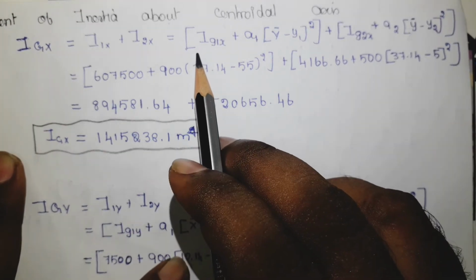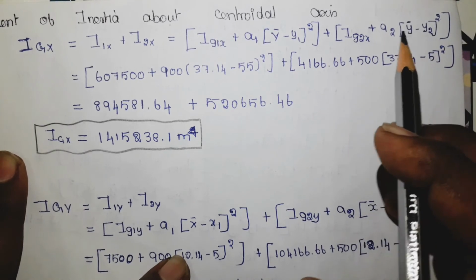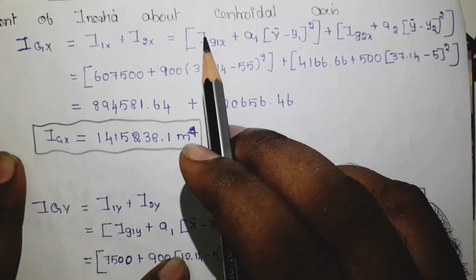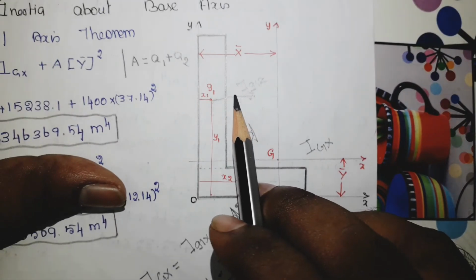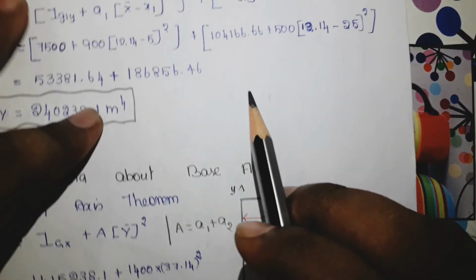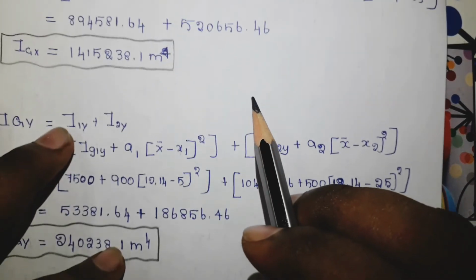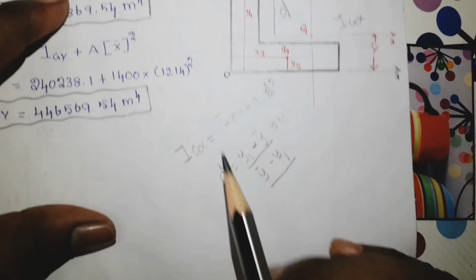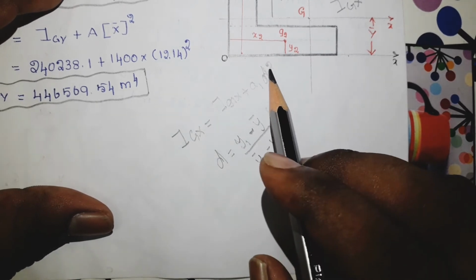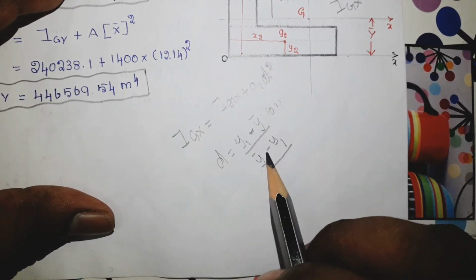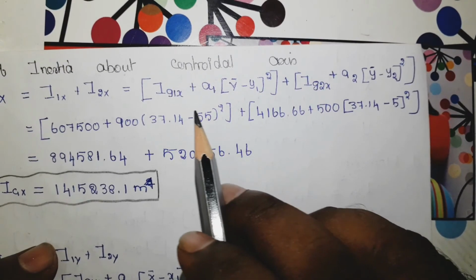This is the moment of inertia for the first rectangle, and this is the moment of inertia for the second rectangle. So this is the moment of inertia about the first centroidal axis, I g1, plus a1 times the distance squared. You can take it in this way or that way, because we are going to square it.